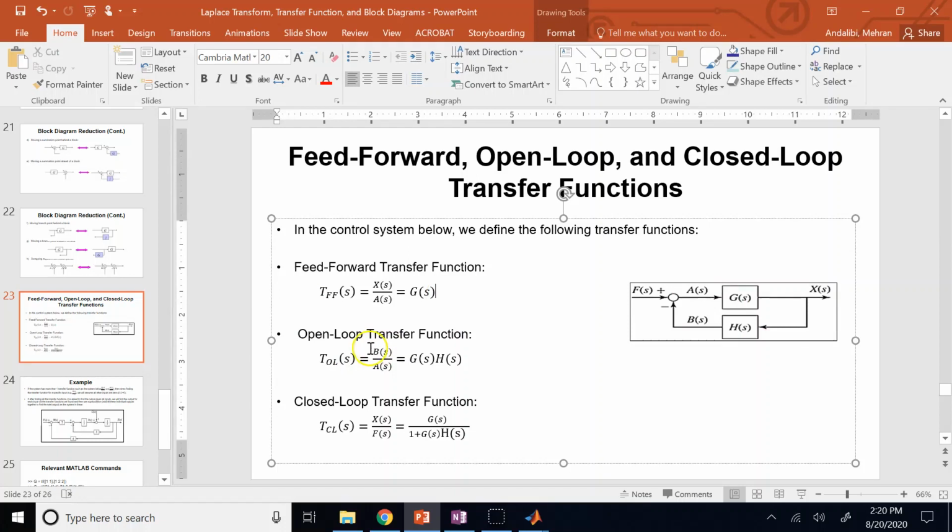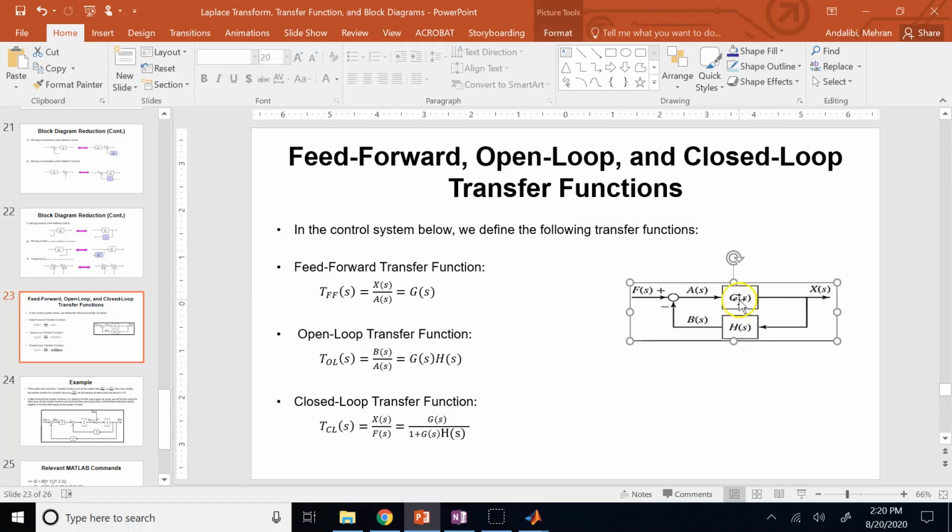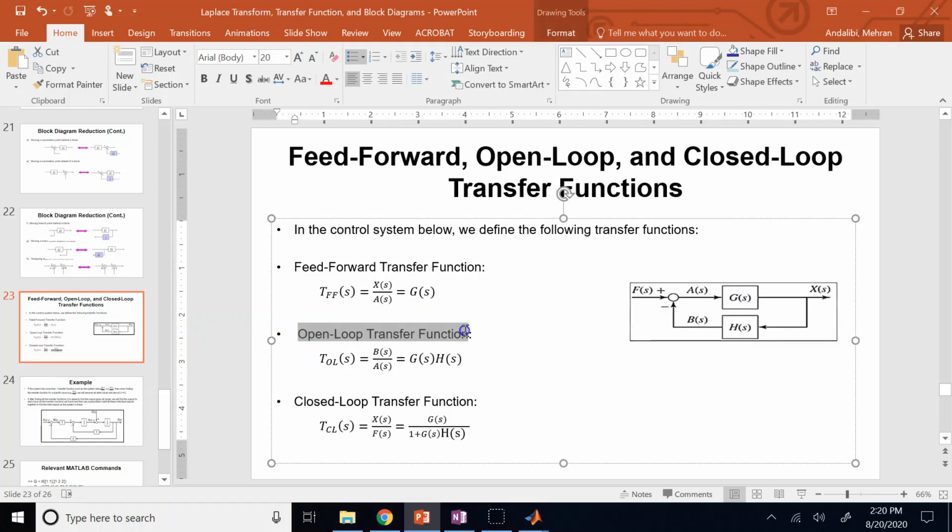The transfer function between the feedback B and the error A, B over A, which does not have anything to do with the actual input of the system, we call the open loop transfer function, and you can easily show that it's the product of the feedforward G and the feedback H. So G times H we call the open loop transfer function.